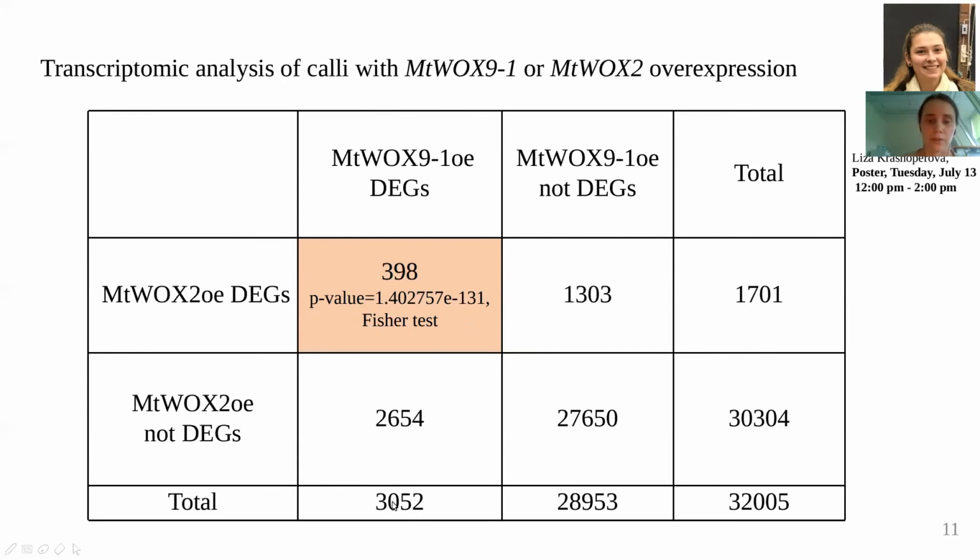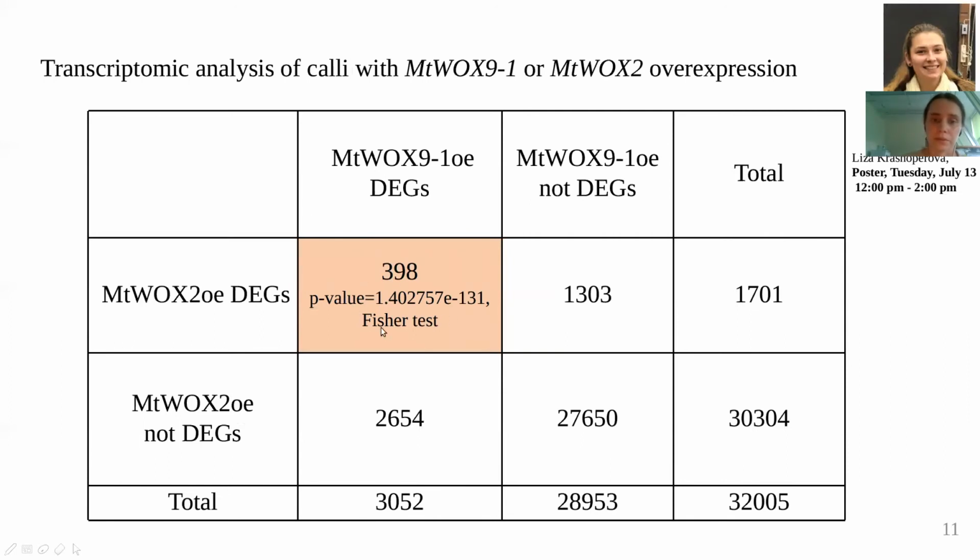About 3,000 differentially expressed genes in VOX91 overexpressing calli, and about 1,700 in VOX2 overexpressing calli. What is interesting is that the differentially expressed genes in both kinds of calli are highly overlapping.